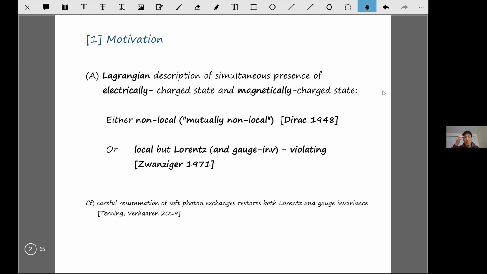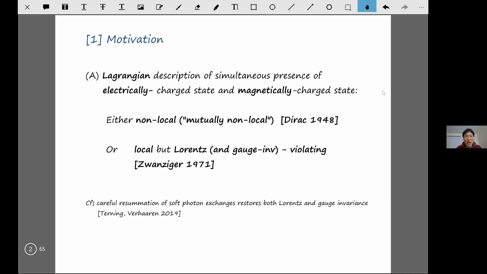All right, let's get started. So what is the motivation? Let me give a few short words on the motivations. Let's say that somehow we live in a universe where we do have both electrically and magnetically charged particles. This is the one assumption.